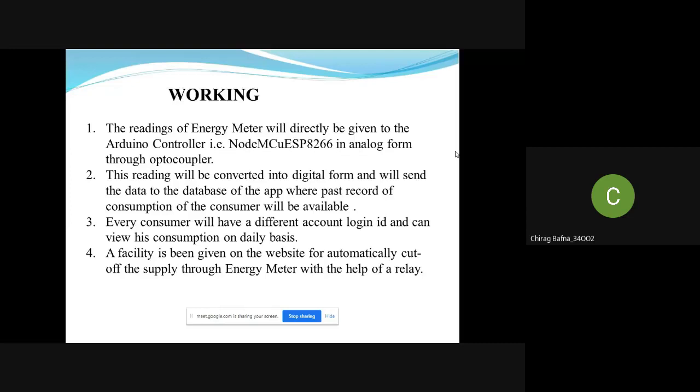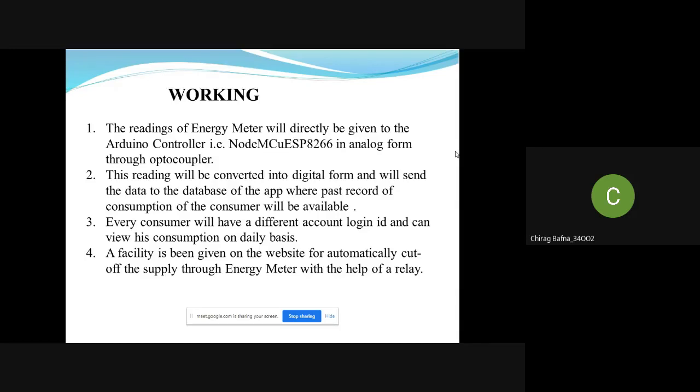Through the relay driver, initially it will be in closed condition, but when we want to cut the electrical supply at the time as per our programming, that means through the ATmega microcontroller, it will activate the relay coil and the relay will be in open condition.